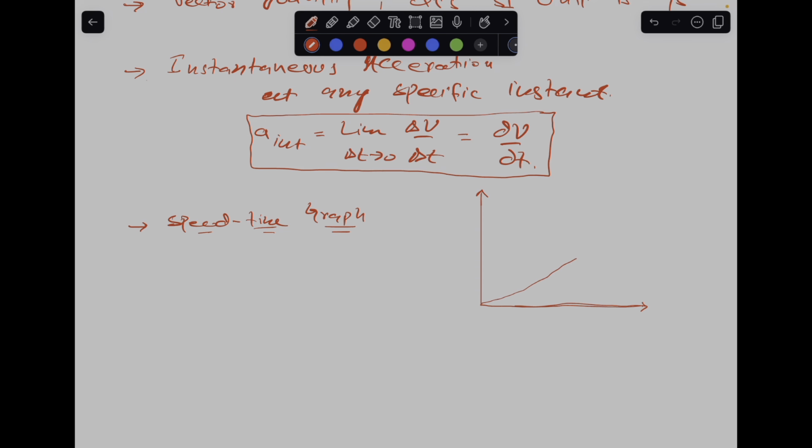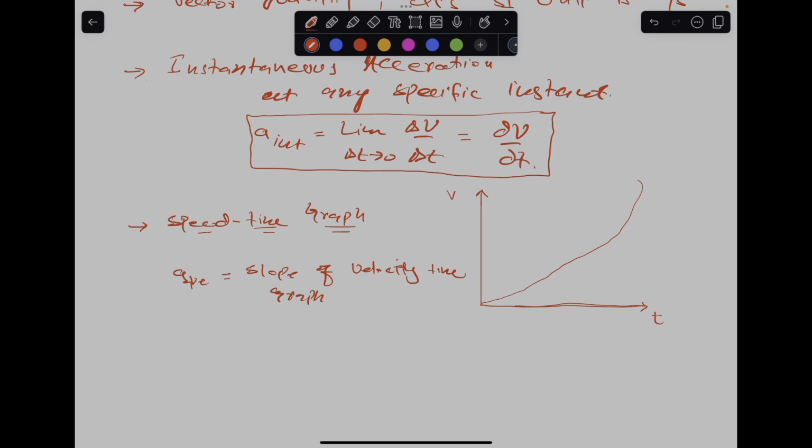If the object is moving like this, this is your time, which is independent, and this is your speed or velocity on the y-axis. We can find the average acceleration just like what we did in the velocity section, by taking the slope of the velocity-time graph.